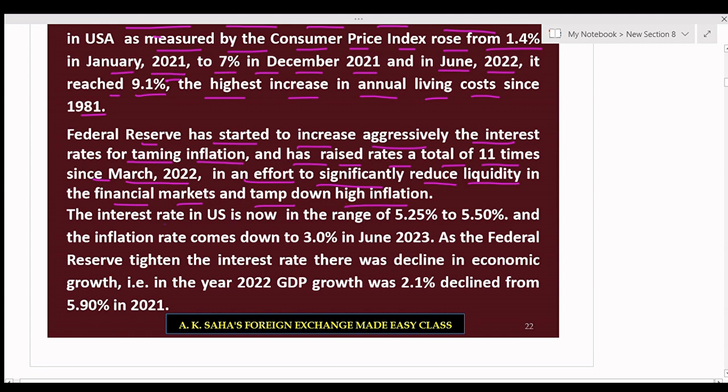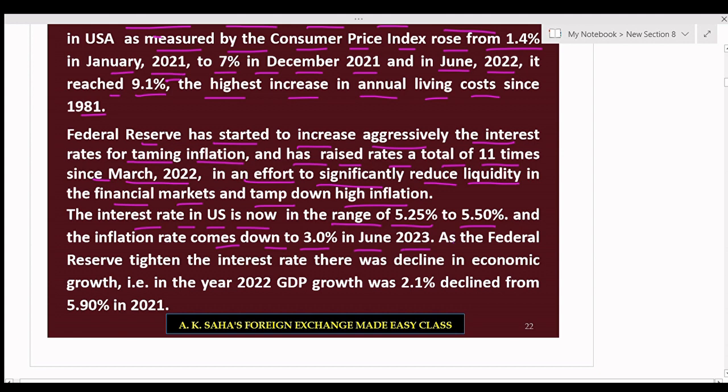The interest rate in the US is now in the range of 5.25% to 5.50%, and the inflation rate came down to 3% in June 2023.